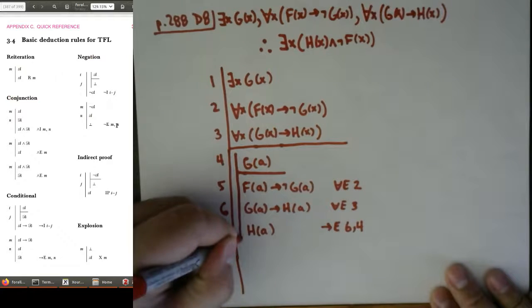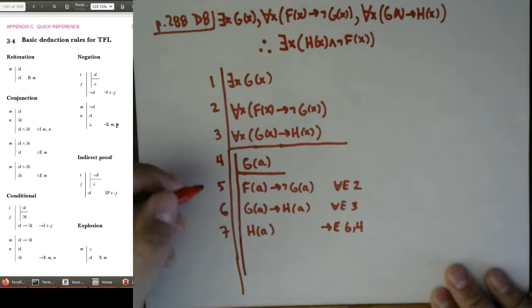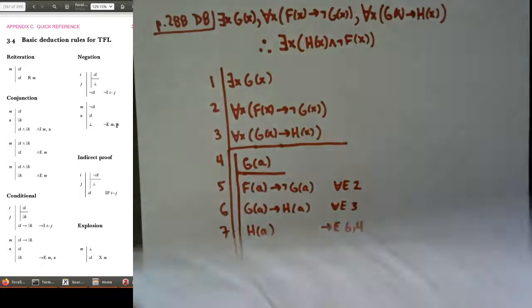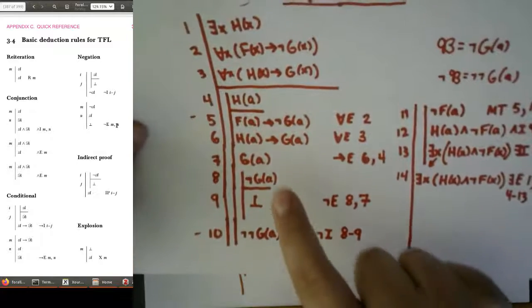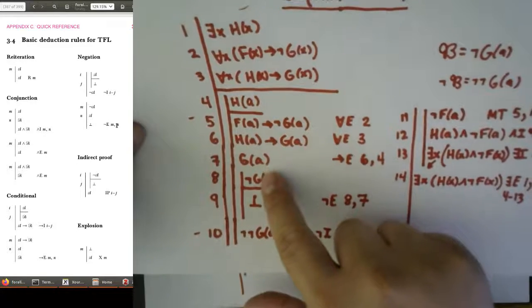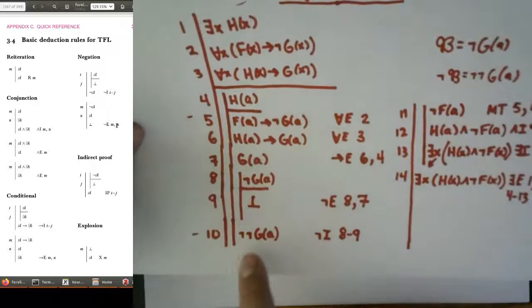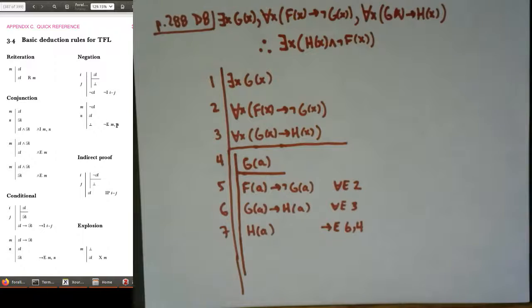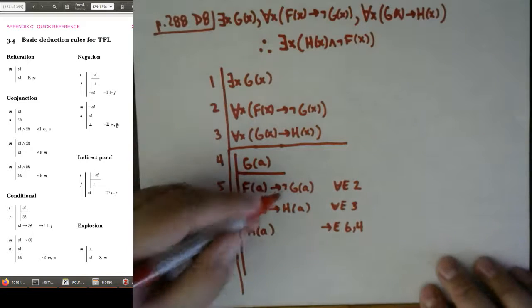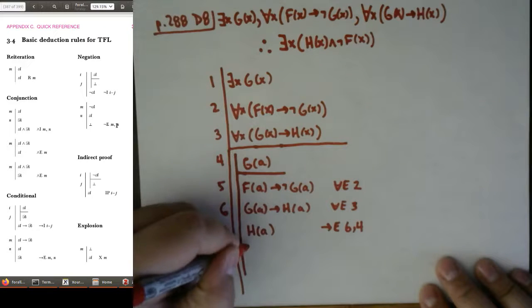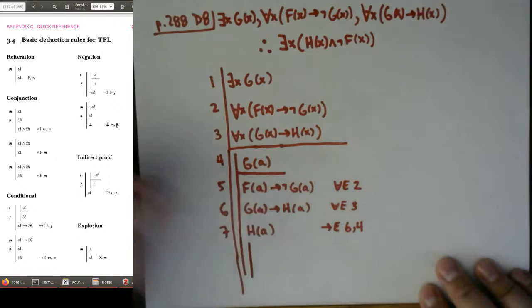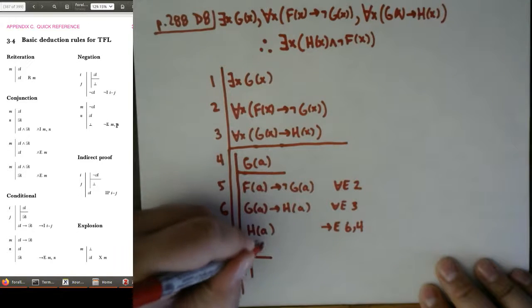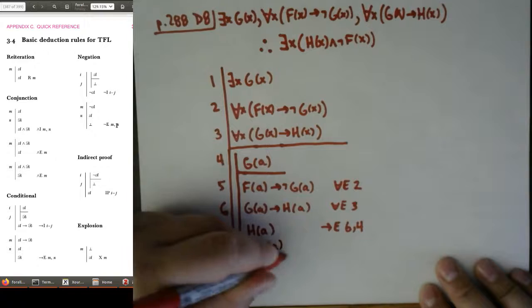And so basically copying what I had done in the past, I'm going to assume the negation of what I want. I'm going to get the contradiction. I'm going to get the double negation out of that, and then I can use modus tollens. So in this case, I again want to assume in my third level subproof not G of A. That's an assumption.